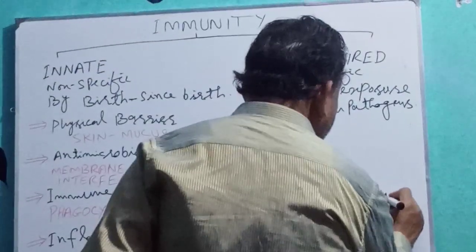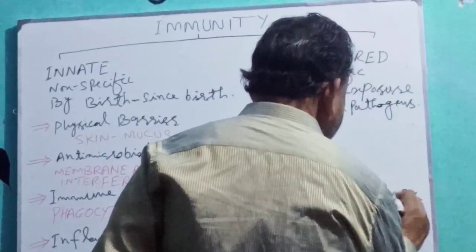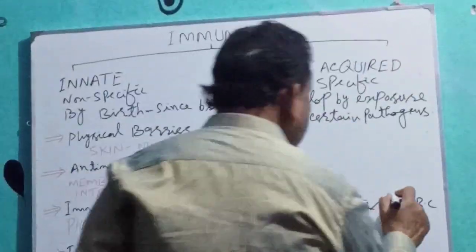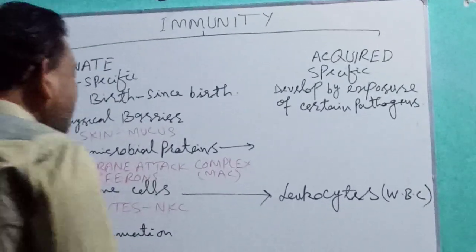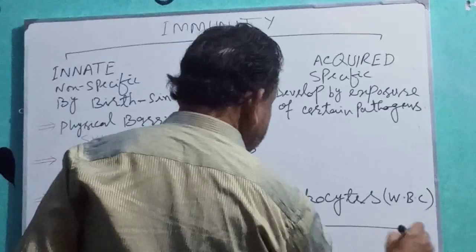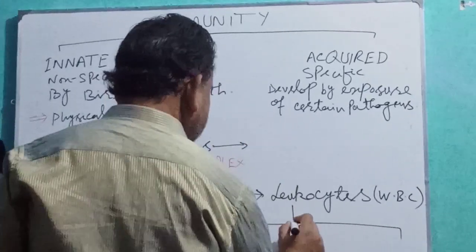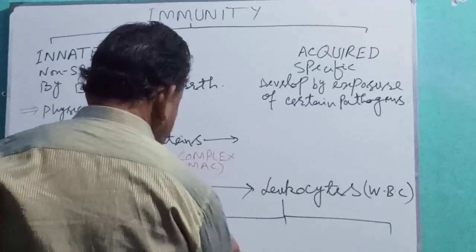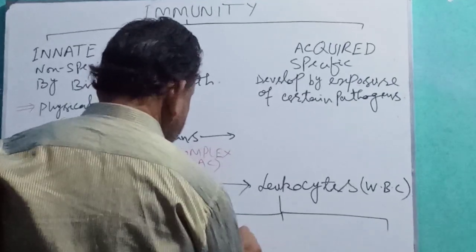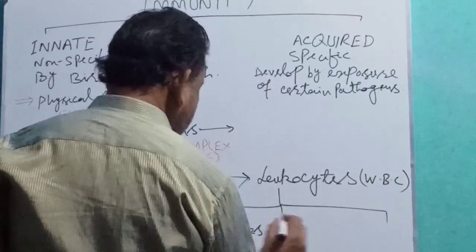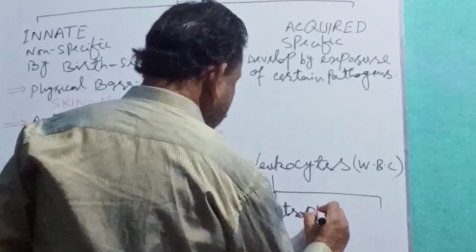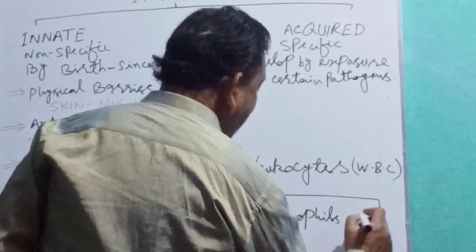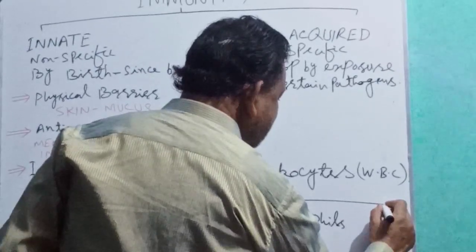So these are the white blood cells. Here we discuss three types of cells. Number one, macrophages, neutrophils, and natural killer cells.